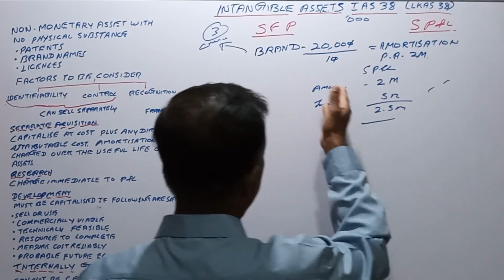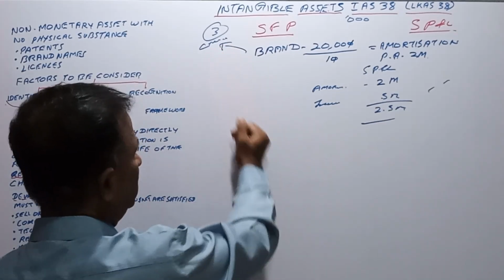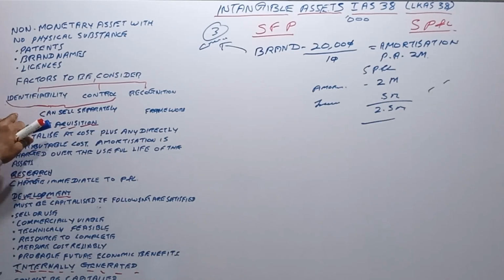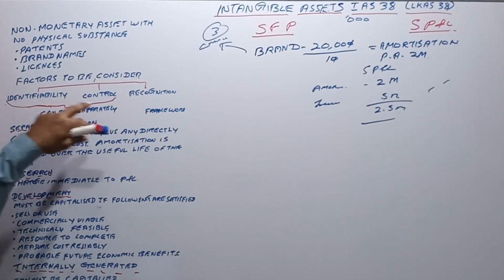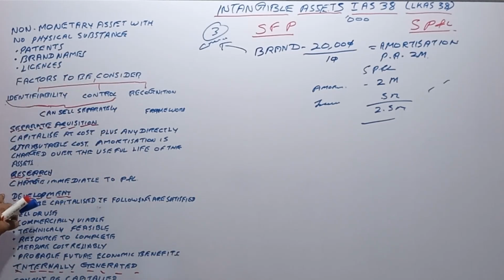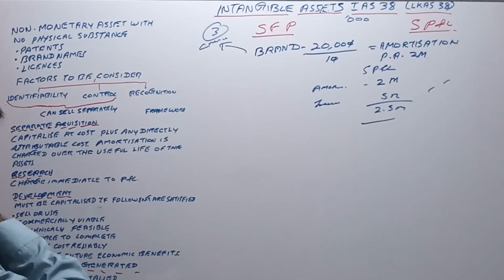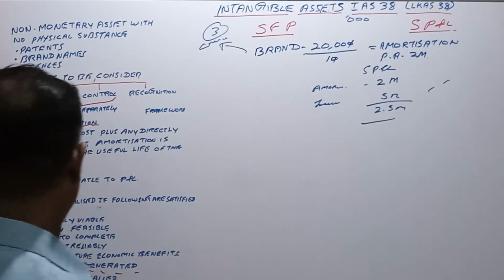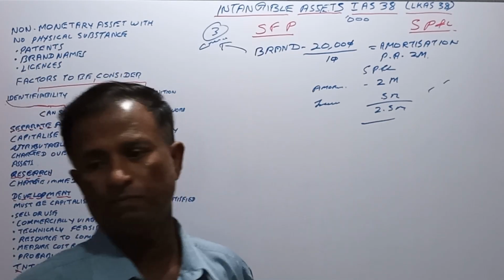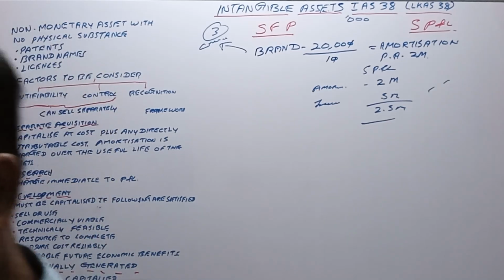There is no active market and there is no control. This is identifiability and control. Control is also not there, right? And commercial viability is not mentioned here, so that is not there.